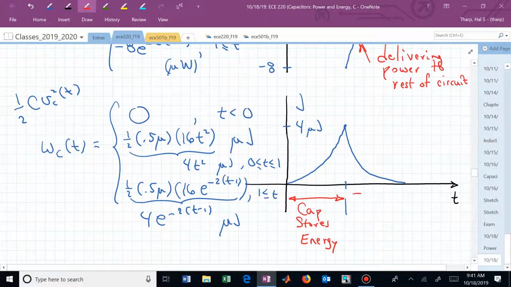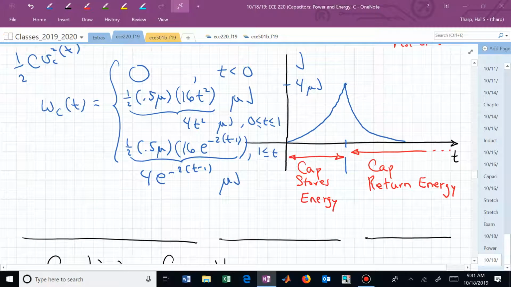And from here all the way up to time forever, the capacitor is now delivering or returning the energy that it had stored to the rest of the circuit.